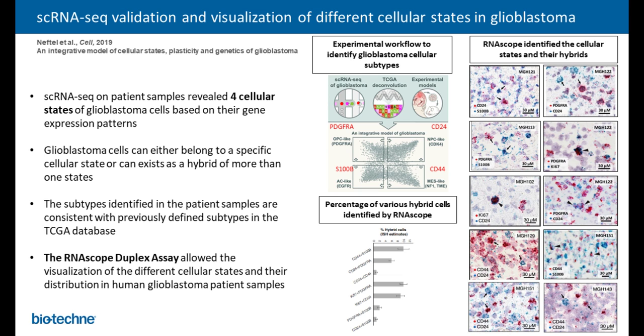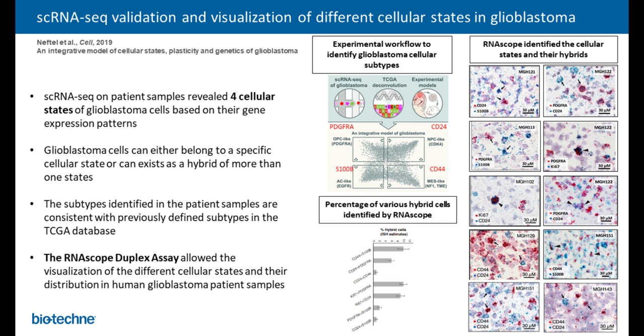So here's an example that was published last year from a Harvard and MIT collaboration, where they analyzed glioblastoma tumors using single-cell RNA sequencing and identified 4 different cellular states in which glioblastoma cells exist. Now, these different cellular states were also characterized by expression of specific molecular markers.